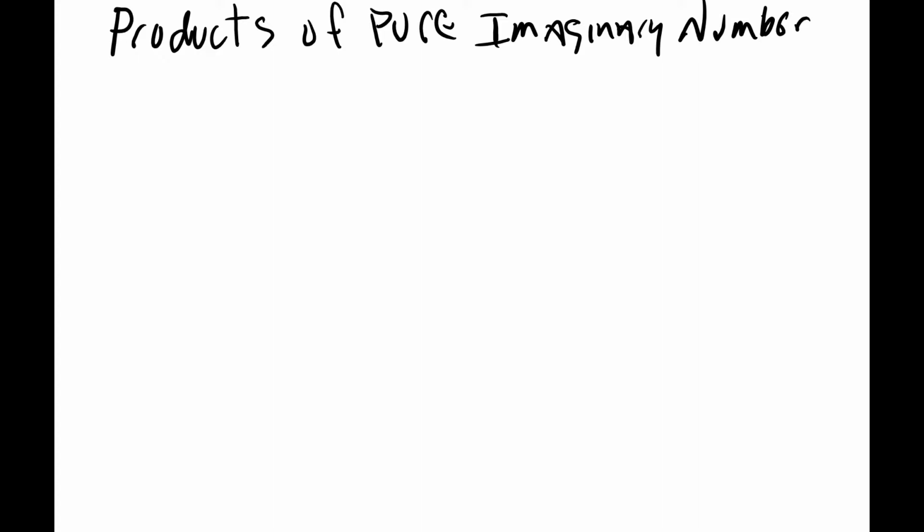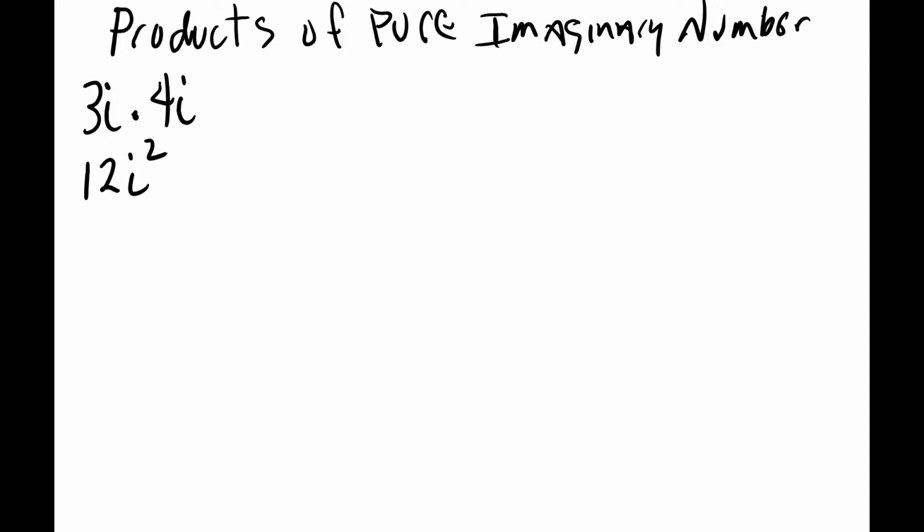So looking here at guided practice 2a, we'll start with this one. We've got 3i times 4i. Well, in some respects, I'm going to treat this just like I would anything with a variable in it. And I'm just going to multiply those two together. And so that's going to give me 12i squared.